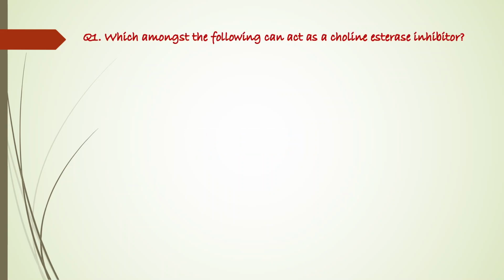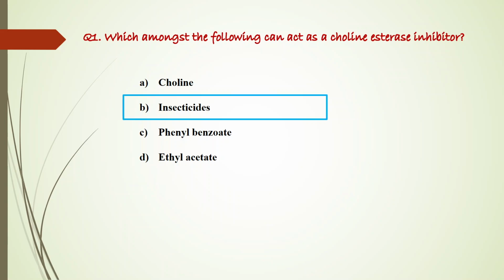So these are some questions for your week 5. Some questions will be done easily. This is also related to enzyme substrate complex formation and inhibition. The very first question states, which among the following can act as a choline esterase inhibitor? We already know, if you look at the lecture slide, it is a memory based question, that the insecticides that are generally used are choline esterase inhibitors.